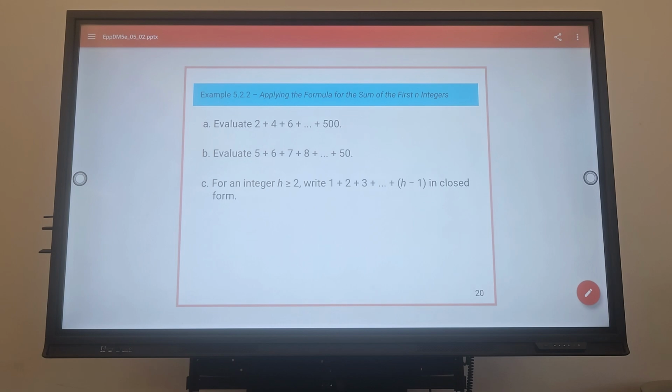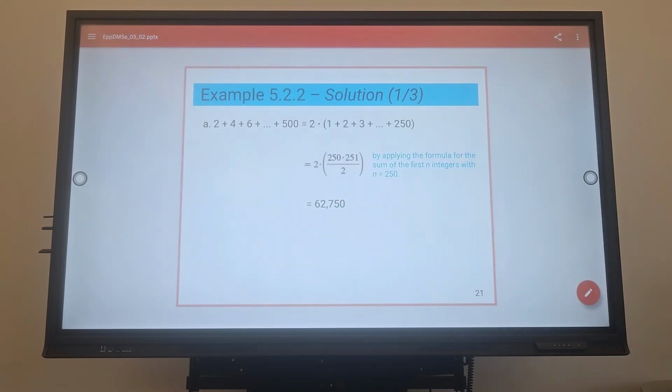A would be 2 times the quantity n times (n plus 1) over 2, with n equaling 250, I believe. Yeah. So you get 62,750.